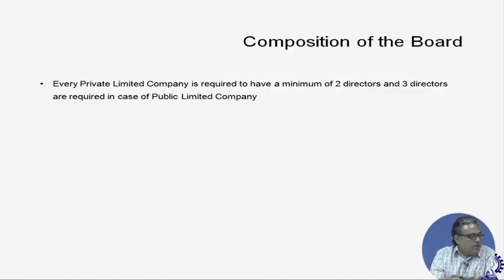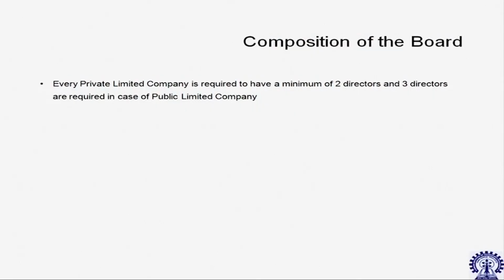You need to discuss the composition of the board, and every limited company is required to have a minimum of 2 directors if it is a private limited company, and 3 directors if it is a public limited company. And here, if you have mentioned in the joint venture agreement which kind of people are going to comprise your board, then it should move accordingly, and you should also have mentioned this, from the joint venture agreement, in the AOA of the company.